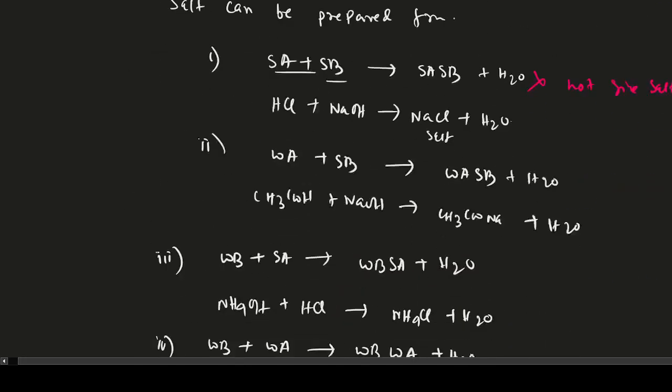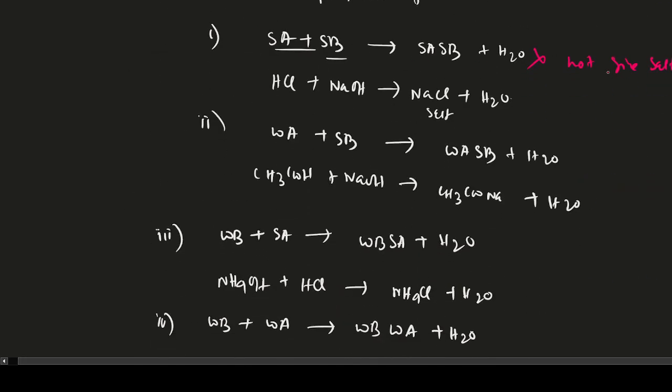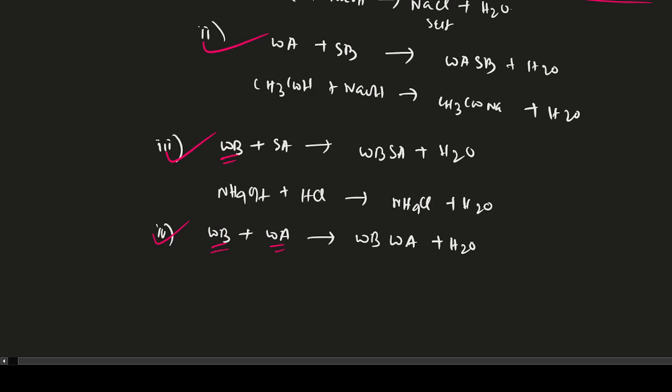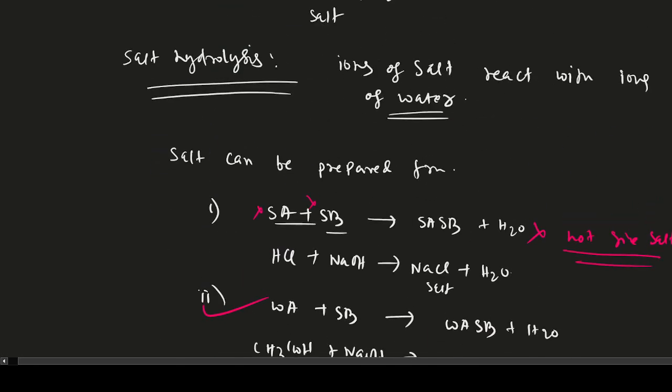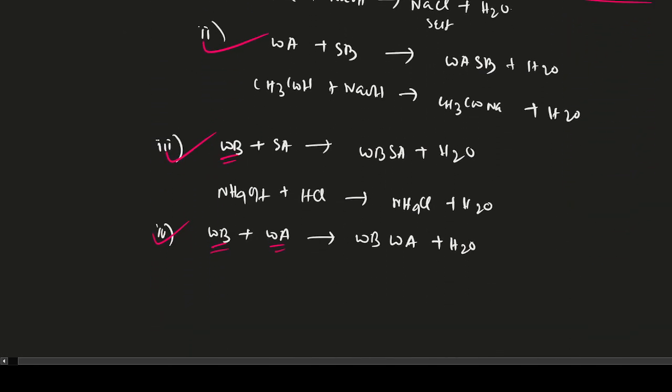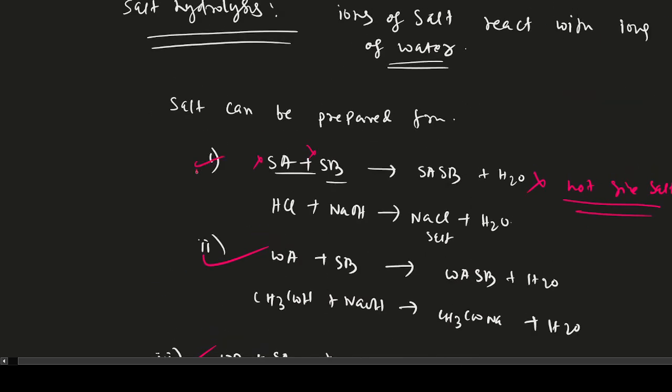For salt hydrolysis, at least one component needs to be weak. So this will give salt hydrolysis, because a weak component is there, and this also gives salt hydrolysis, because a weak component is there. I will discuss one by one, and why this will not give salt hydrolysis, I will discuss now.